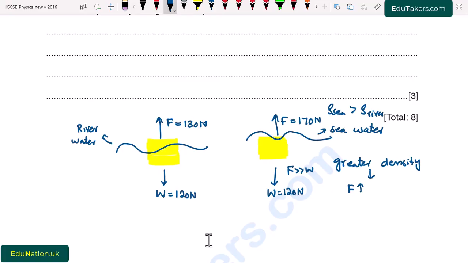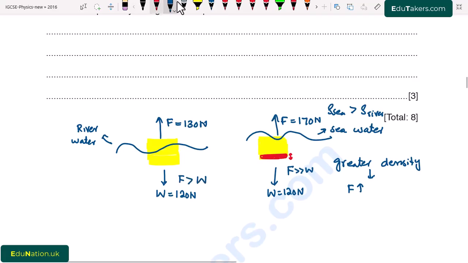It means that a small amount of this object will be under sea water. So this is the depth in this case, and when the force is 130 Newton and weight is 120, in this case force is greater than weight.